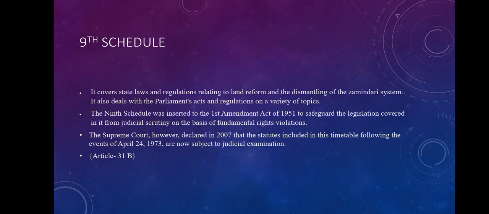The Supreme Court, however, declared in 2007 that laws included in this schedule following April 24, 1973 are now subject to judicial examination. The Ninth Schedule is covered under Article 31B.